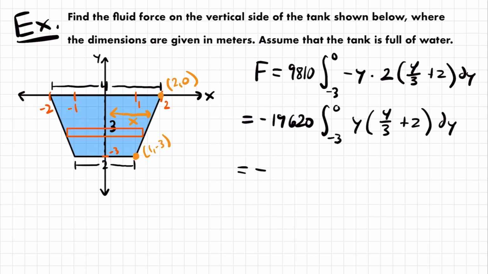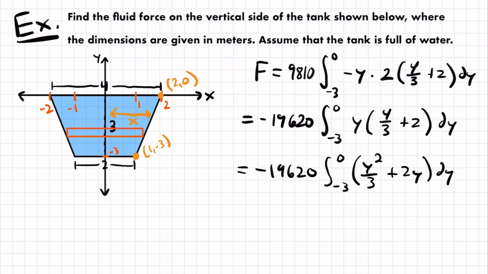This will be equal to negative 19,620 times the integral from negative 3 to 0 of y squared divided by 3 plus 2y, and that will be multiplied by dy. Okay, and so now we can integrate each of these terms by using the power rule of integration. We'll add 1 to each of the exponents and then divide by those new exponents.